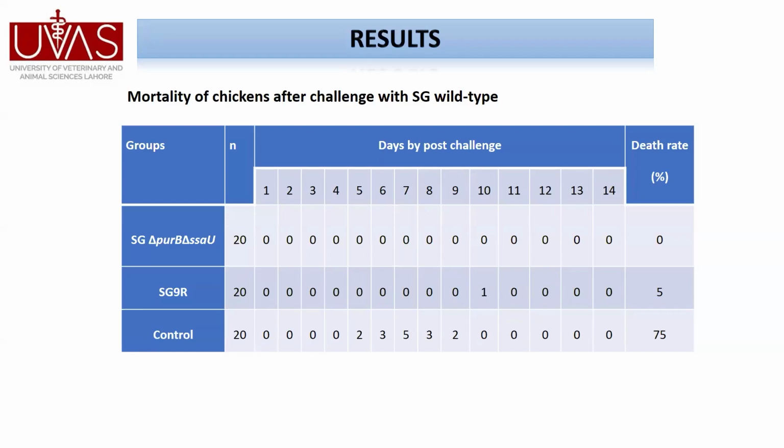In our case, no mortality at all. And control showed 75% mortality, which indicates that we were able to add some more value to the vaccine available, by making it mild and at least equivalently protective.